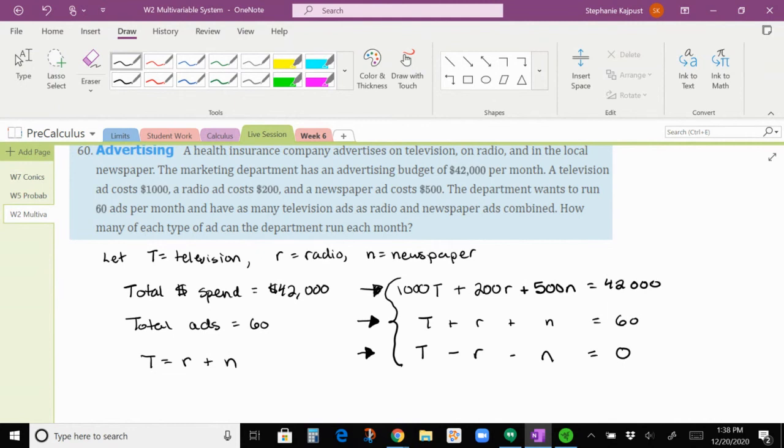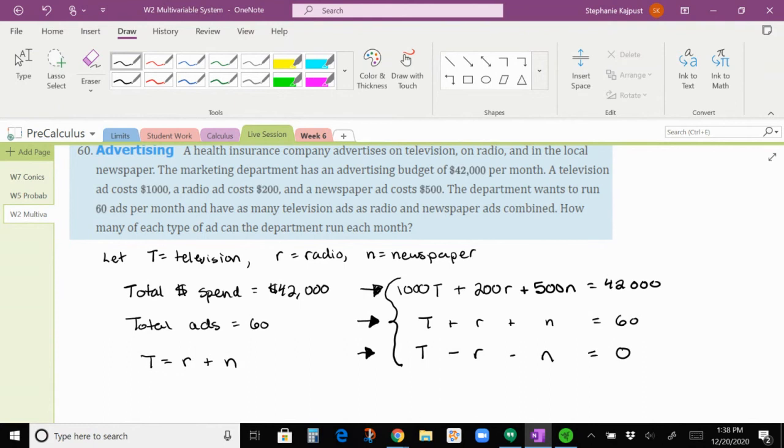I'm looking at this and wondering about the department wants to run 60 ads per month, have as many television ads as radio and newspaper combined. So I'm looking at our system right now.